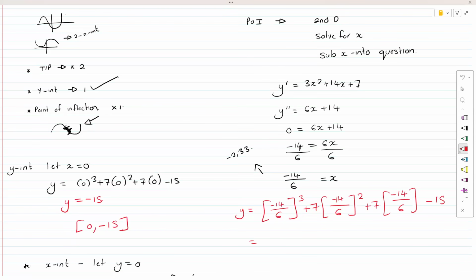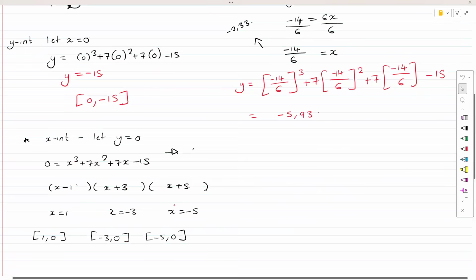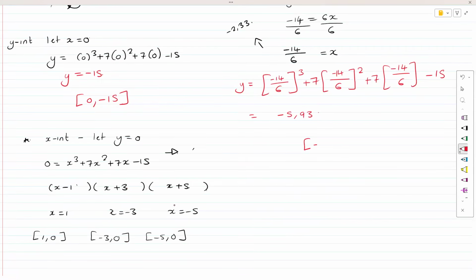And this answer is, if I'm not mistaken, just give me a moment, minus 5 25 over 27. Okay, cool. I'm going to use this as minus 5.93. It's easier for me to deal with. This is minus 2.33, and this is minus 5.93.